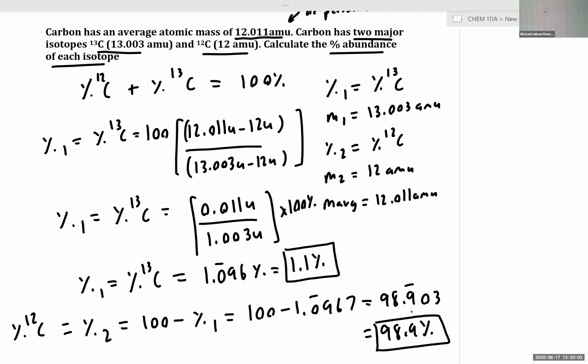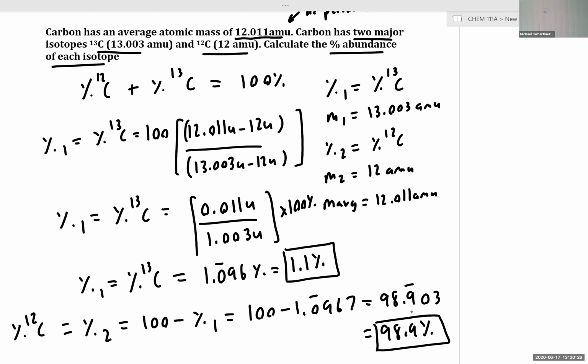So does this make sense how the equation we derived can be used, given the isotope mass and average atomic mass, to calculate the percent abundance of each isotope? Does this make sense to everyone so far? Can you explain the part after the 1.1%? Yes.